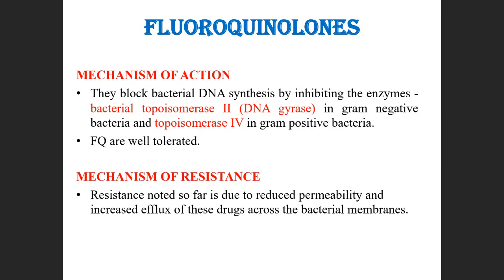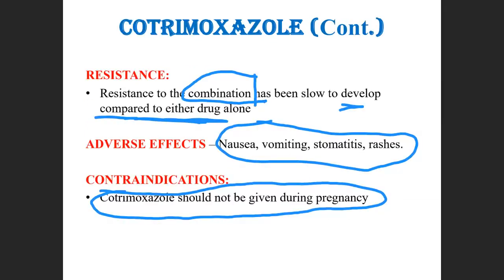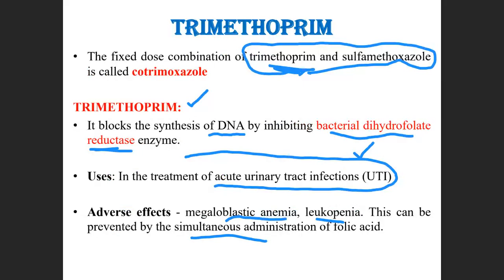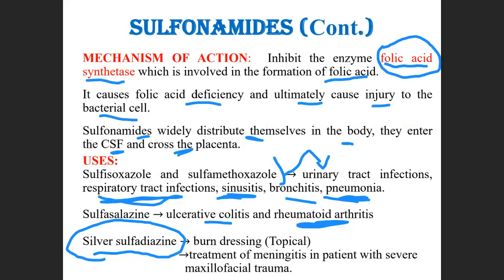So how is it inhibiting? Maybe you can ask, doctor, you keep telling us inhibiting DNA synthesis, DNA synthesis. But the binding sites of all these drugs are different. If we have not seen carefully, you might get confused. Okay, here what we said was folic acid synthesis, dihydrofolate reductase synthesis.